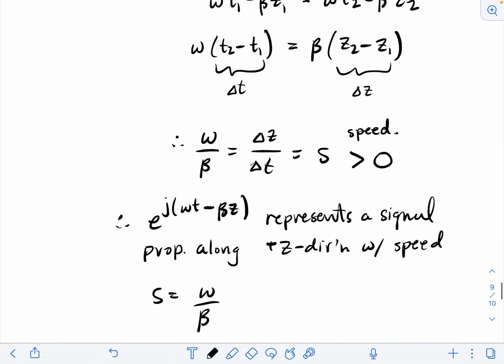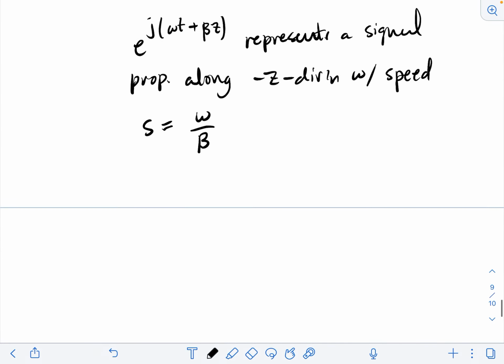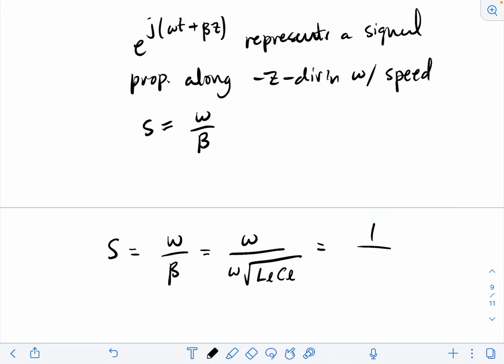S is equal to omega over beta, and we said that beta, to be a solution to the wave equation, had to be omega times the square root of the inductance per unit length times the capacitance per unit length. So of course the omegas cancel, and so we get 1 over the square root of the inductance per unit length times the capacitance per unit length.